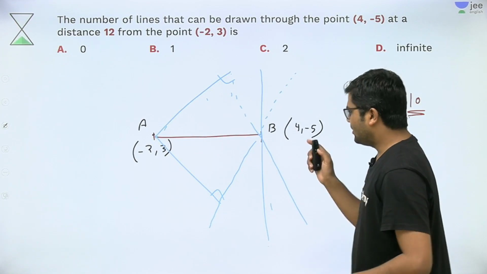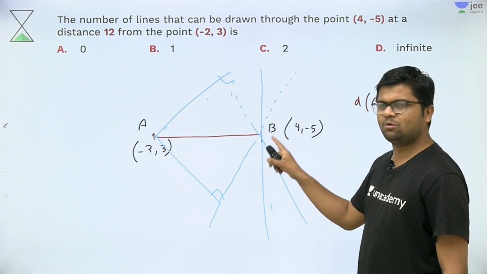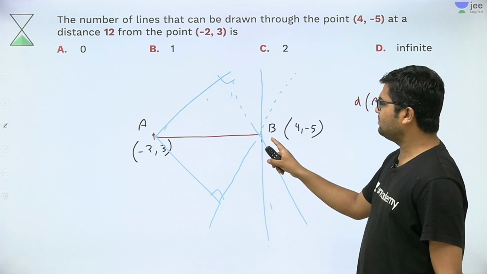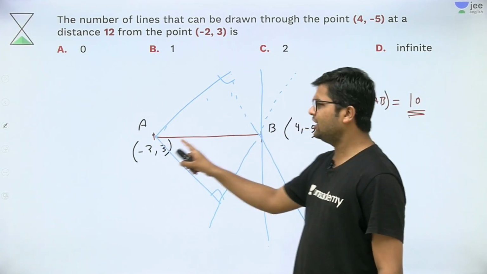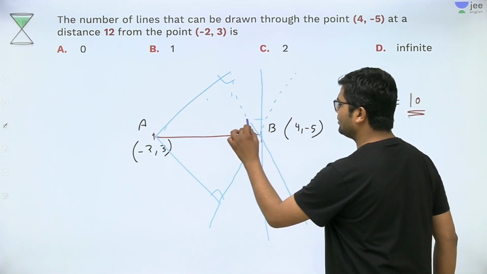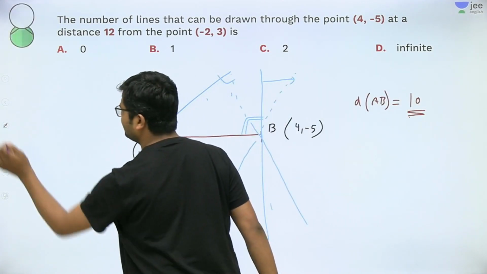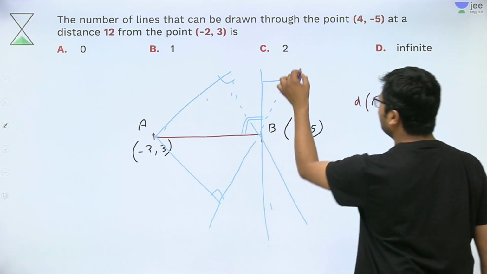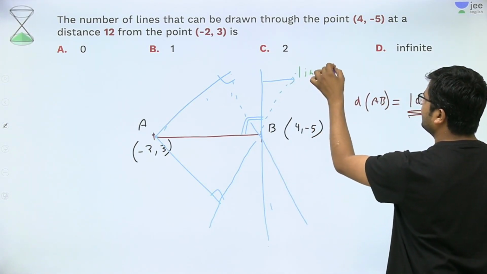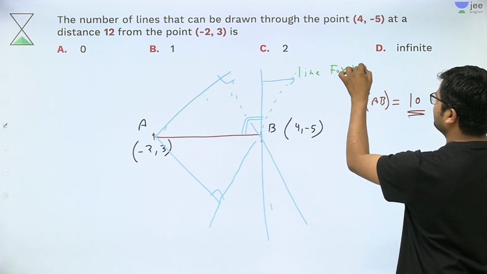So of all the lines passing through B, the line which is at maximum distance from the point A is the line which is perpendicular to AB. This is the line for maximum distance. This is the logic of this question.